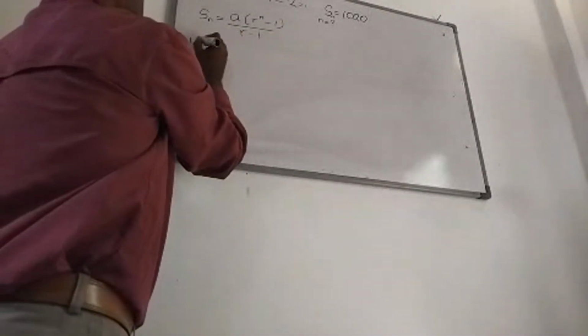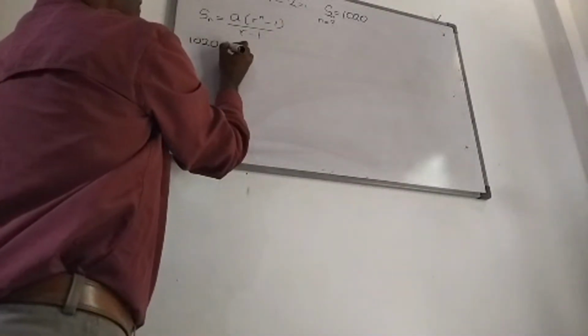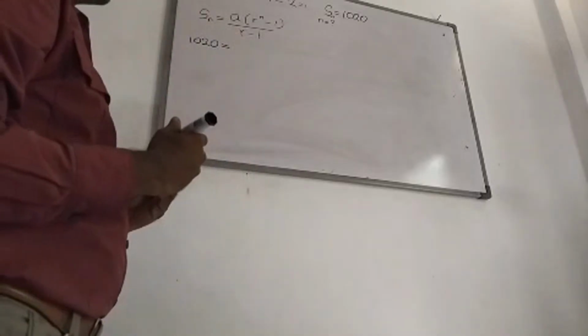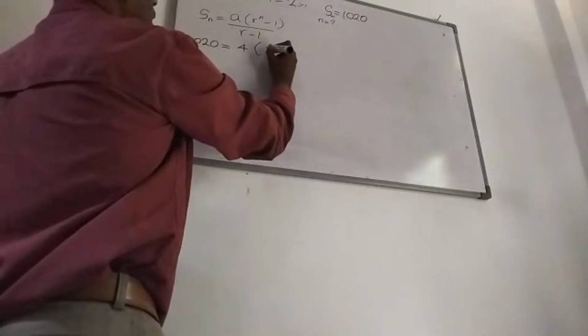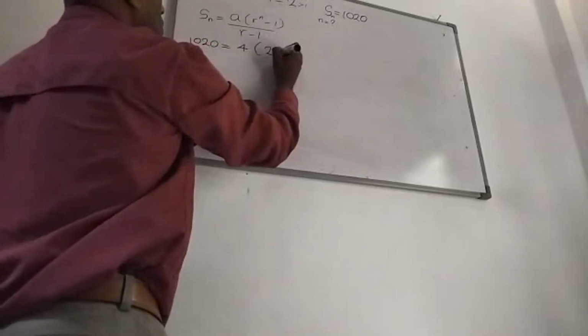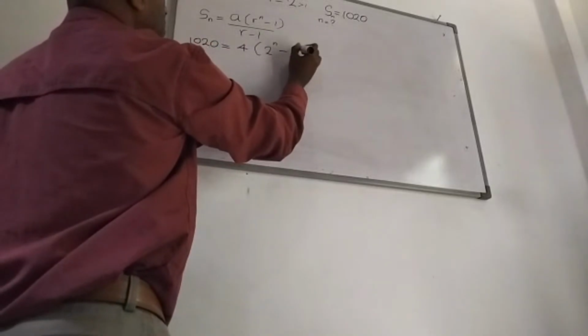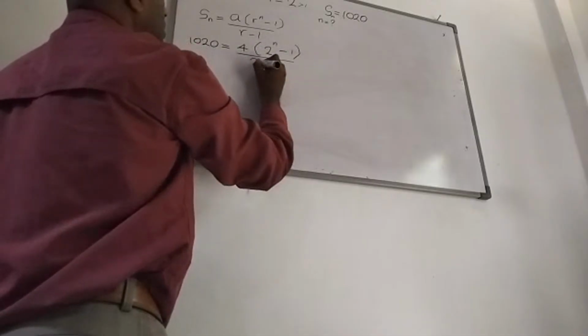Sn is given as 1020, so you can replace Sn. a is 4, r is 2: 2 to the power n minus 1, divided by 2 minus 1.